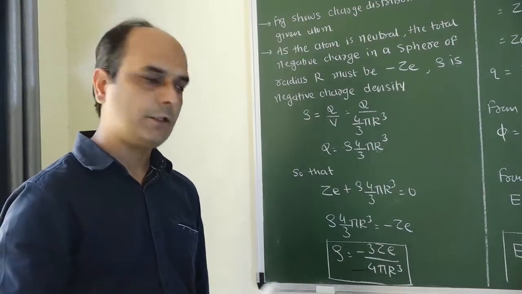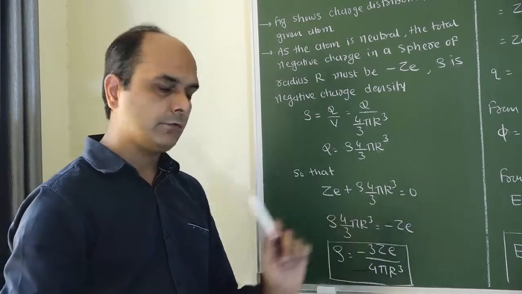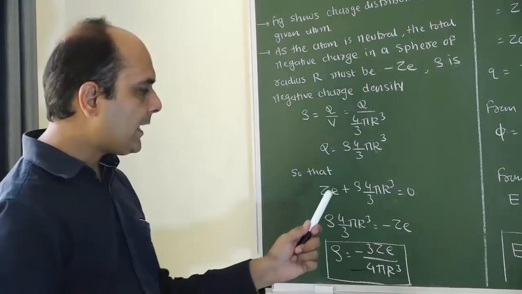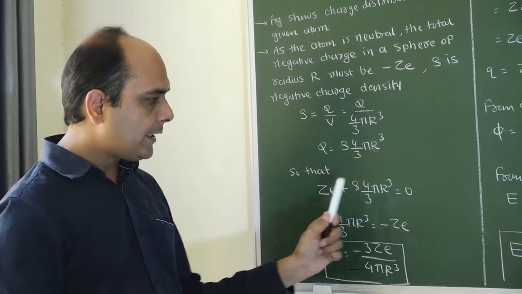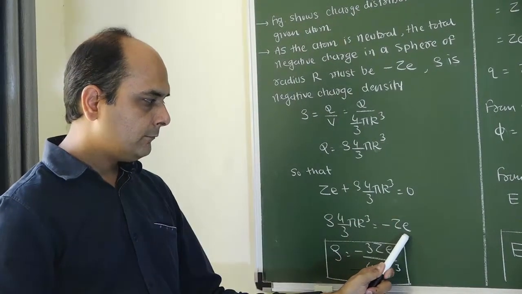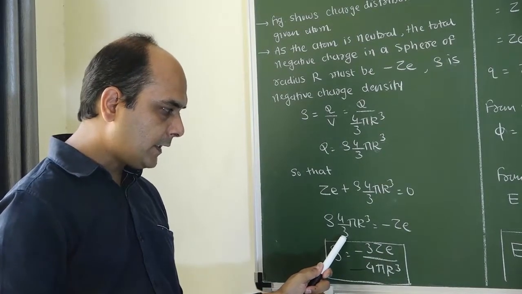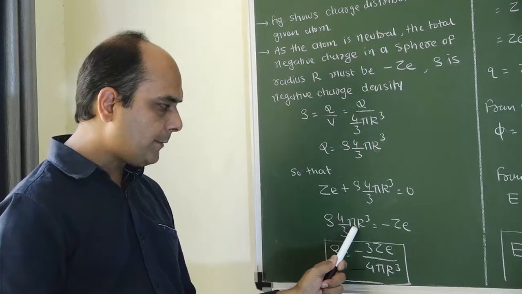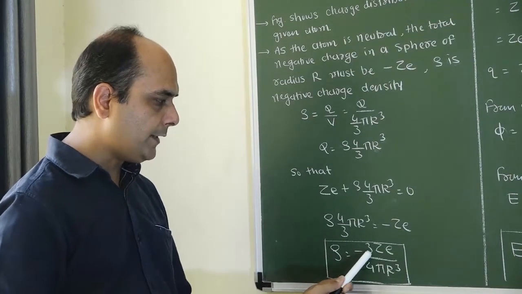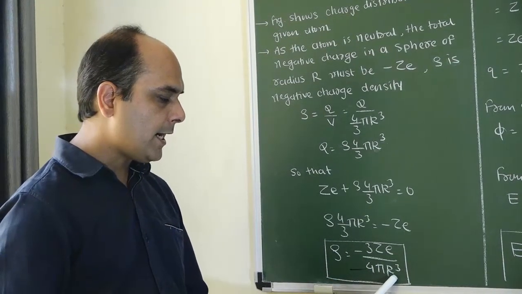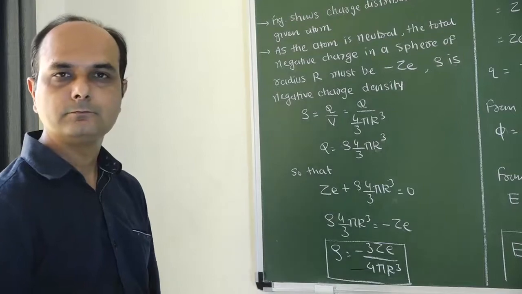Therefore, the addition of the charges is 0. Now make rho the subject. Write Ze on the right side as minus Ze. The 3 goes to the numerator, and 4 by 3 pi goes to the denominator. So rho is equal to minus 3 Ze upon 4 pi R cube.